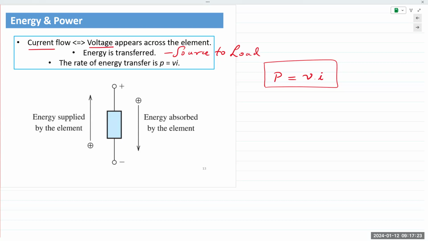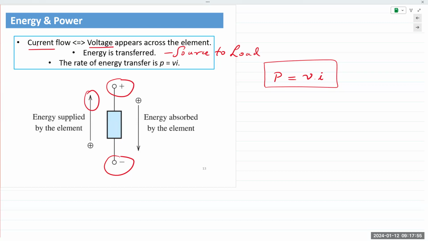When it comes to energy and power, if we have assumed that this element has a minus here and a plus here, meaning the polarity of the voltage is assumed as shown in this figure, and if we assume the current is flowing in this direction, then we can make a guess, or we can actually have a conclusion from that assumption that the current is actually going from the minus to the positive terminal.